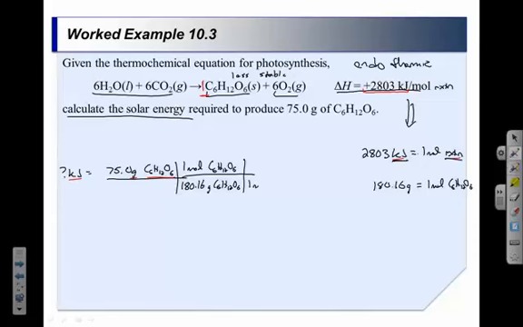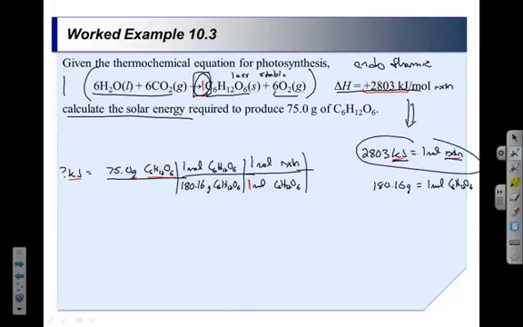So for every 1 mole, because it is a 1, make that red to highlight that, for every 1 mole of C6H12O6, that is the number of that substance for every one time I do the reaction. Then I can apply this relationship for every 1 mole of reaction. It's 2803 kilojoules.